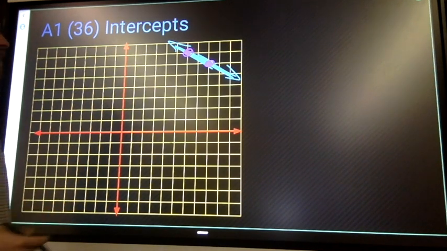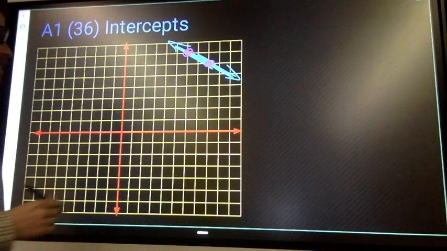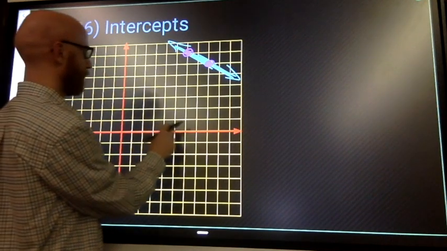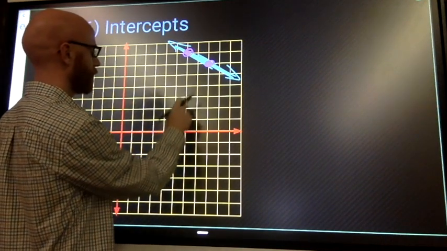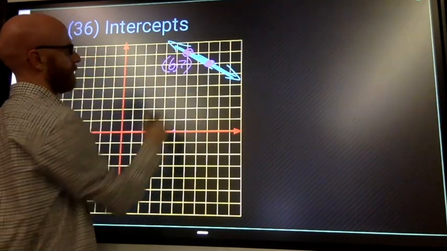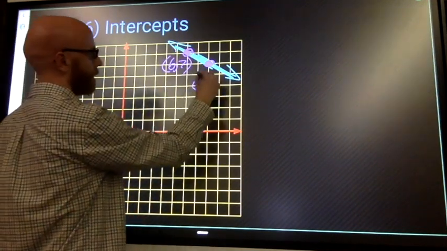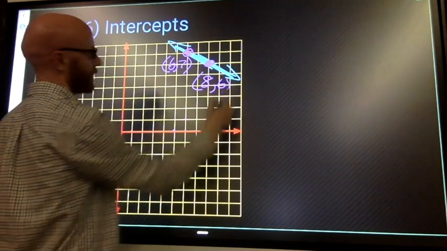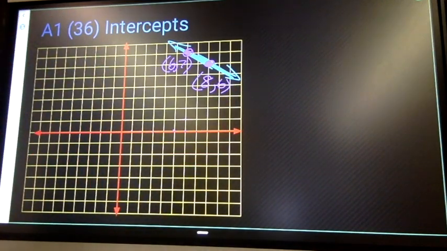All right. The write-the-equation option looks like this. 1, 2, 3, 4, 5, 6. 1, 2, 3, 4, 5, 6, 7. 6, 7 is one of my points. 8, 6 is the next point.